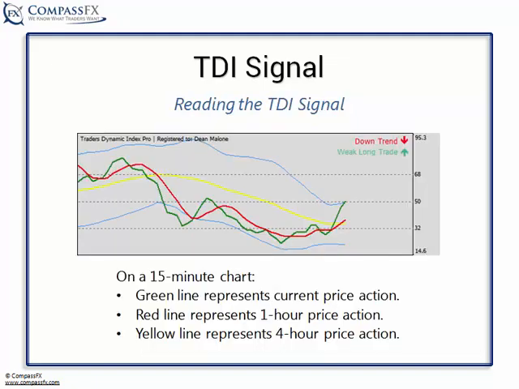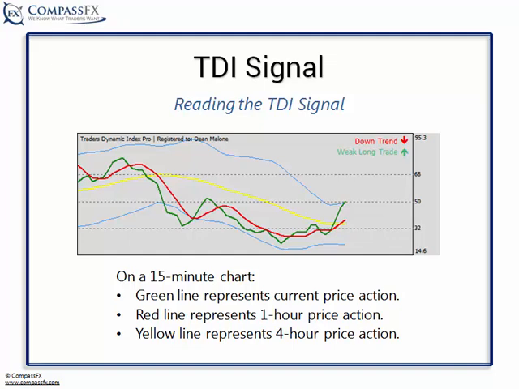One last thing I want to share with you about the TDI signal is how to read the TDI signal related to one particular time frame, and that is a 15-minute chart. On a 15-minute chart, I found it quite interesting over the years that the green line represents the current price action. That's true across the board for all time frames.